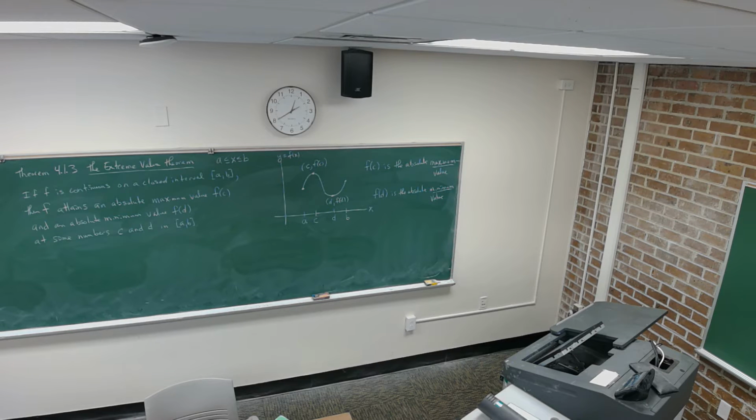And then for the absolute minimum, f of c has to be less than or equal to f of x. It's not strictly less than, it's not strictly greater than. It doesn't have to be unique.